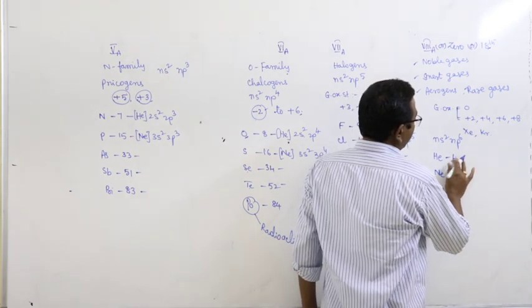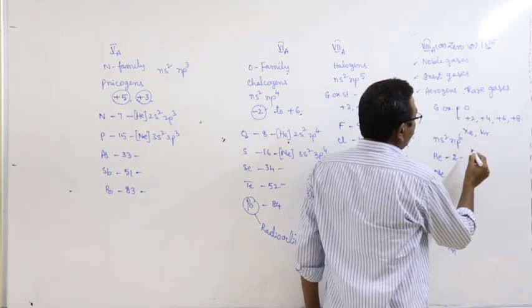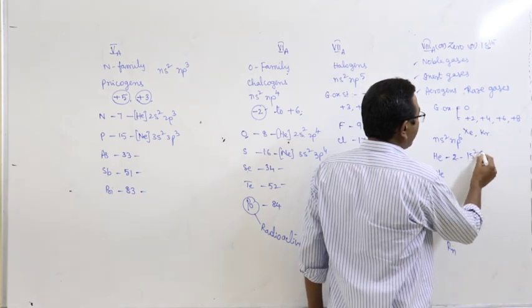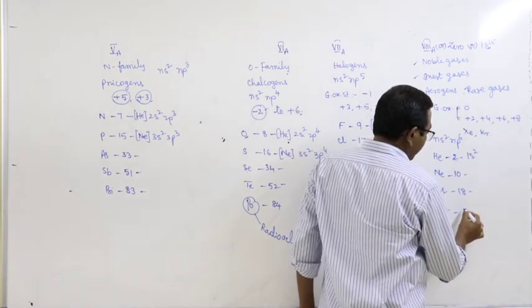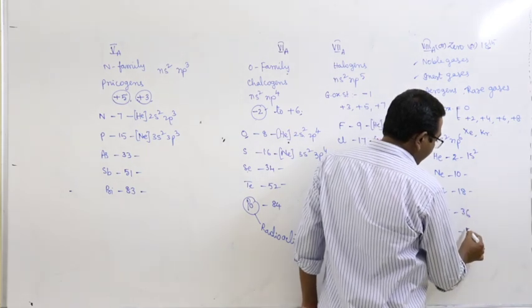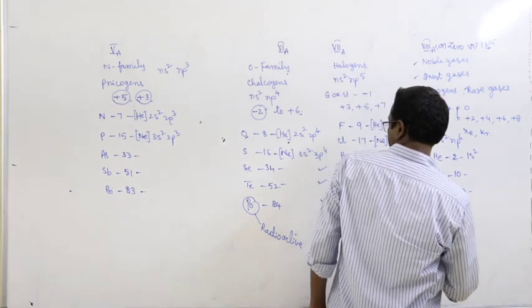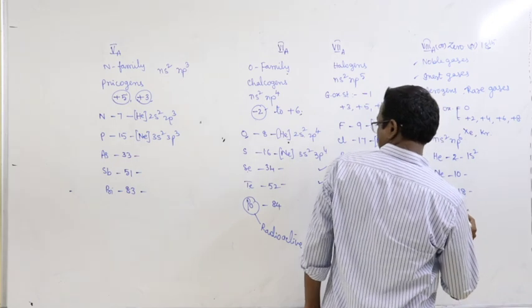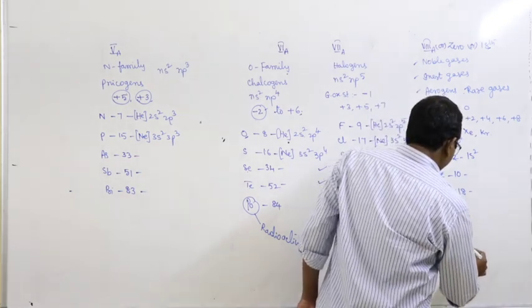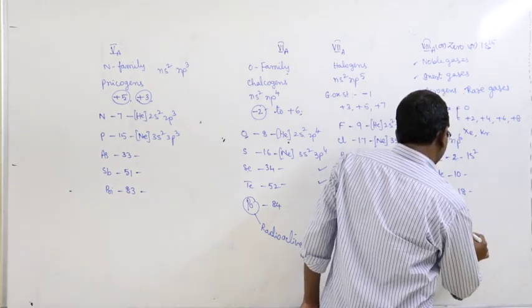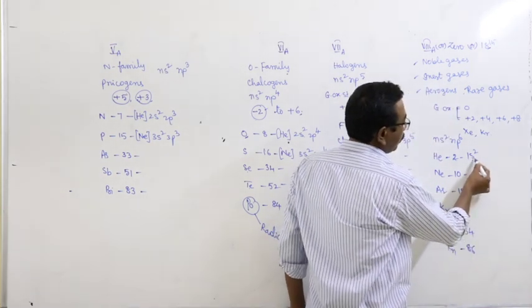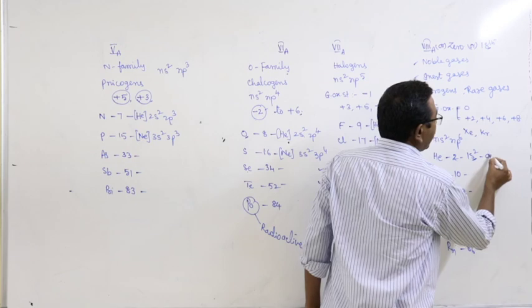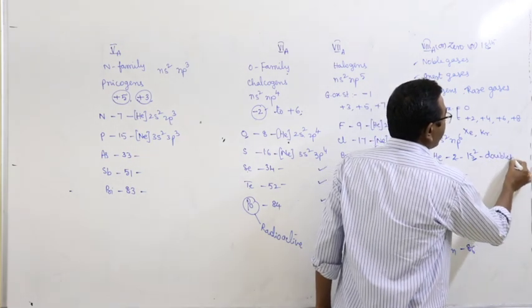Helium 2, that means 1s2, neon 10, argon 18, krypton 36, xenon 54, radon 86. And here 1s2 is a doublet configuration.